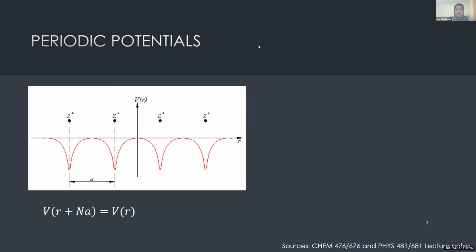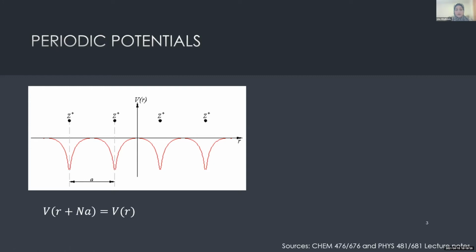Because of that, if we look at the crystal, we see these stationary ions. We suppose that the ions are stationary for this model, and these ions will influence the moving electrons as the periodic potential.